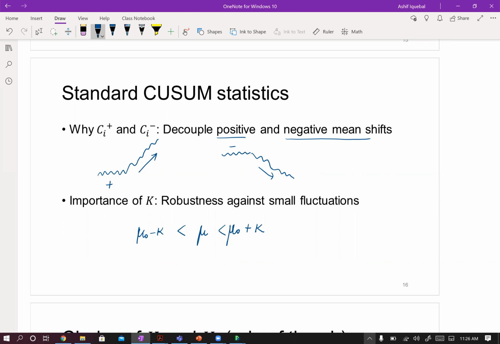In other words, if we don't have this parameter K, the small fluctuations in the process will add up together and show you a drift upwards or downwards, even though there is no change in the process mean. So it's kind of like a safeguard threshold.